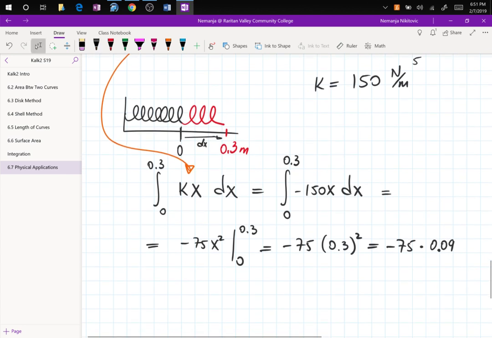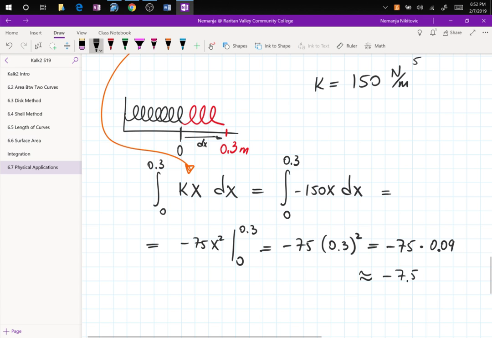Can we just call this 0.09.1? And the answer is yes, we can if you want to. So we're just going to have negative 7.5. It's engineering. Everything is rounded anyway. So it's about negative 7.5.